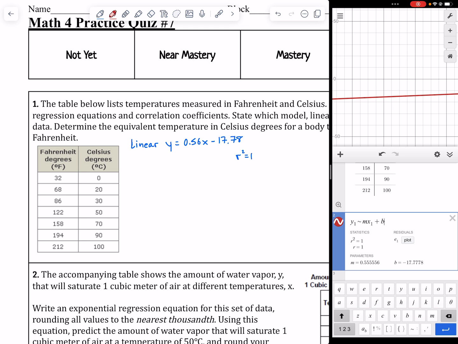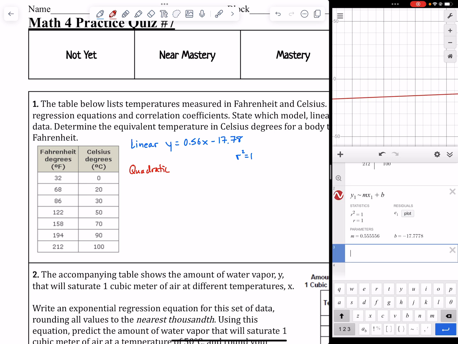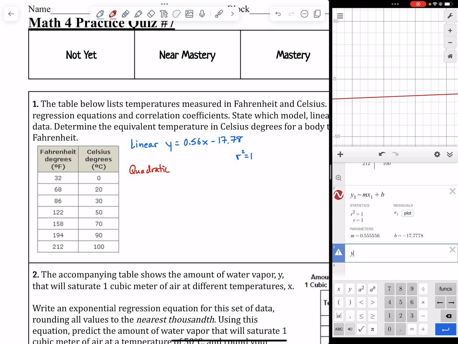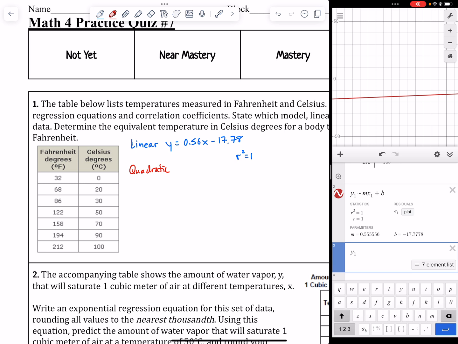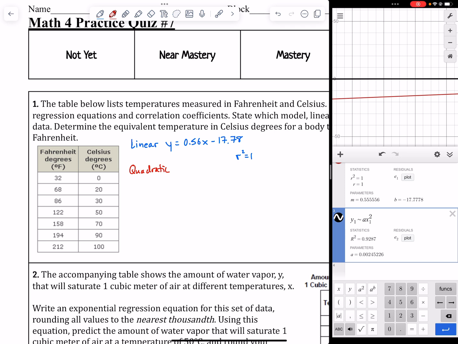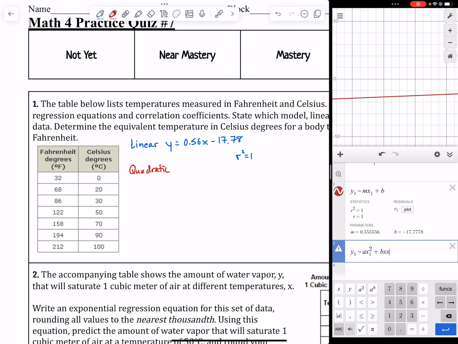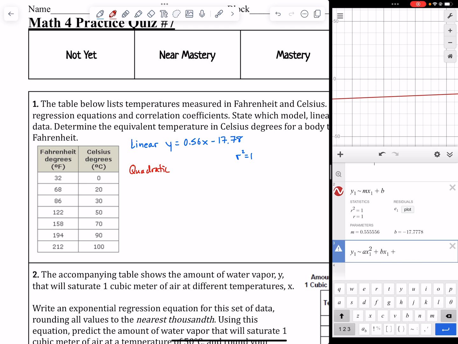So then let's look at quadratic next. So for quadratic, I'm just going to go in another row and put y sub 1 is approximately ax sub 1 squared plus bx sub 1 plus c.